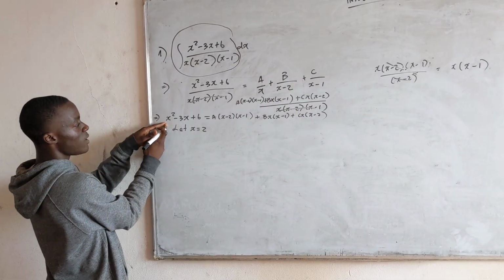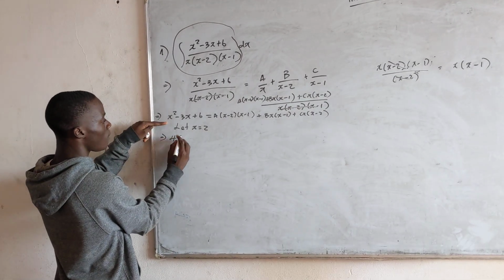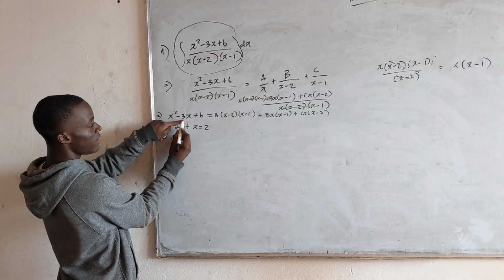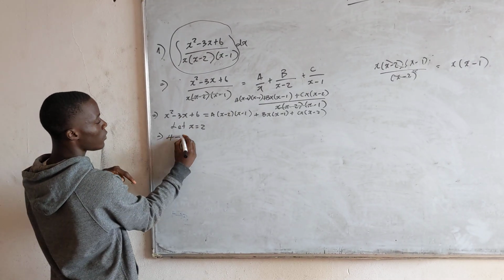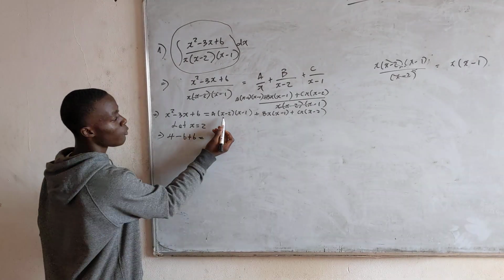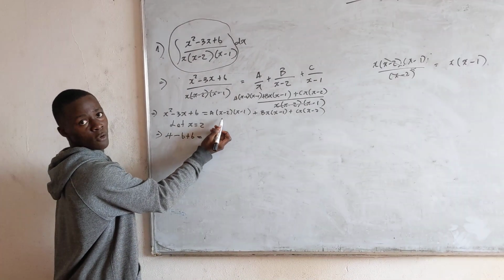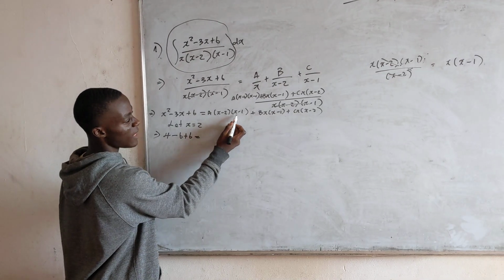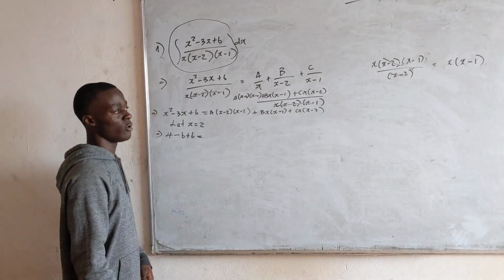If you substitute the 2 here, 2 squared equals 4 minus 3 times 2 equals 6, plus 6, which is equal to, if we substitute 2 here, 2 minus 2 is 0, 0 times x minus 1 is 0, all 2 will give 0.